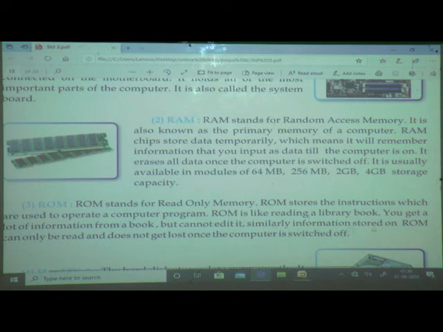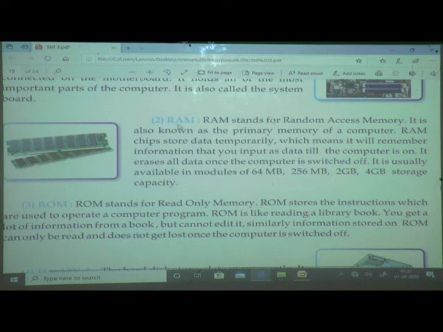Similarly, information stored in ROM can be read and does not get lost once the computer is switched off.